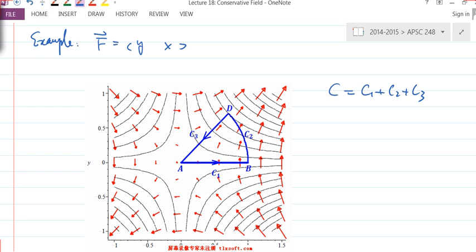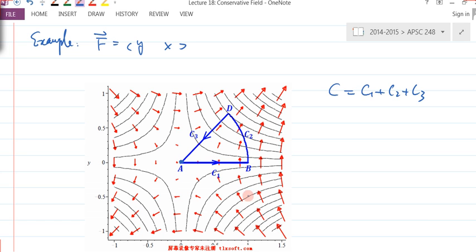Now, what is each one of them? AB is a straight line for C1, and DA is a straight line for C3, and C2 is a portion of a circle. A is at the location of the origin.